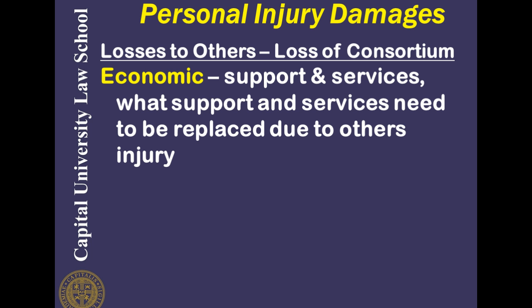The husband is the one who stays home and takes care of the children. The wife goes to work. If the husband is catastrophically injured so that he can no longer take care of the children, well, then the wife has to hire someone to come in and take care of those children. That is an economic loss that she has suffered as a result of her husband's injury.